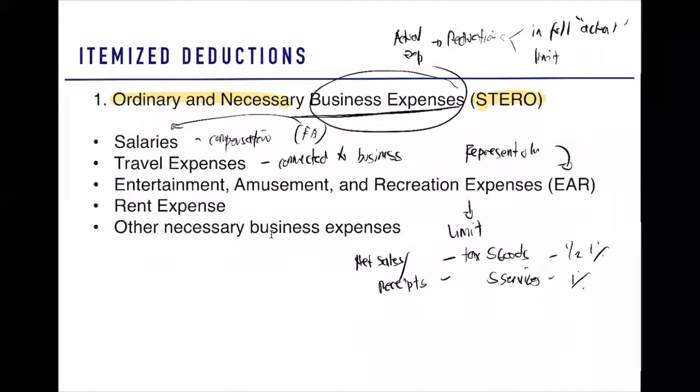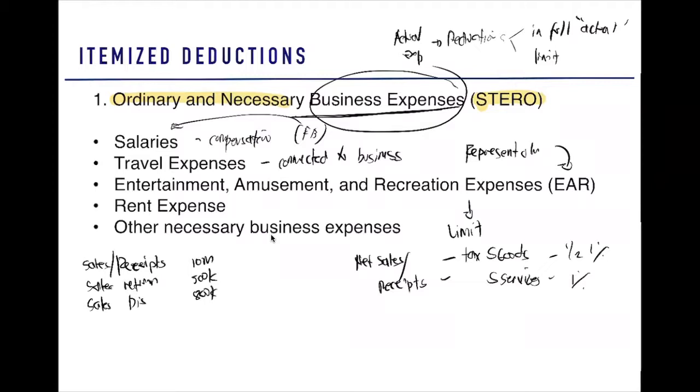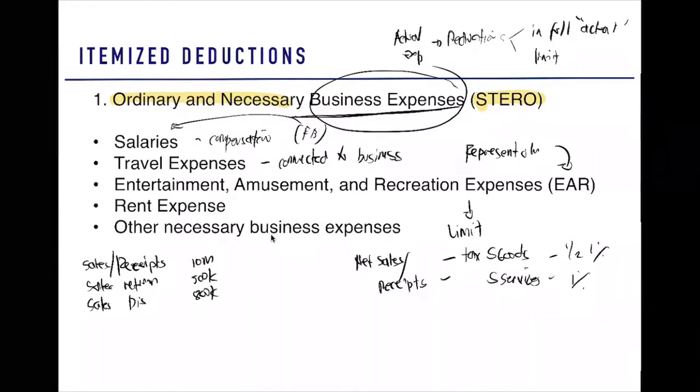So for example, we have here your sales or receipts amounting to 10 million pesos. And then we also have your sales returns amounting to 500,000 pesos. We have your sales discount amounting to 800,000 pesos. So that will give us a net sales or receipts of 8.7 million.